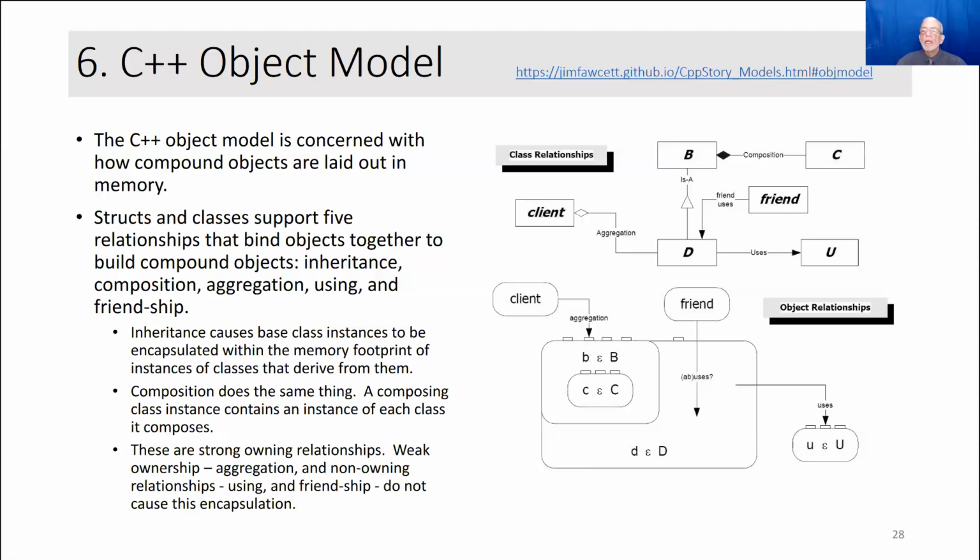All of these relationships, inheritance, composition, aggregation, using, and friendship, those 5 relationships are available for all classes. They apply to all classes, and they also apply to all structs. In C++, unlike many other languages, a struct is exactly the same thing as a class, except that a class by default has private access, and a struct by default has public access.